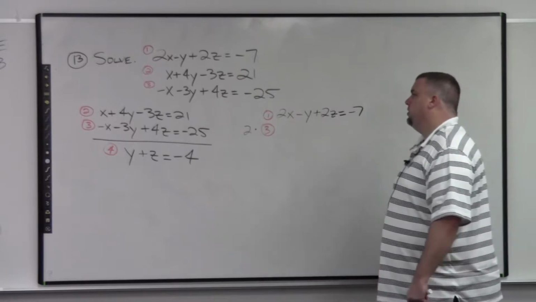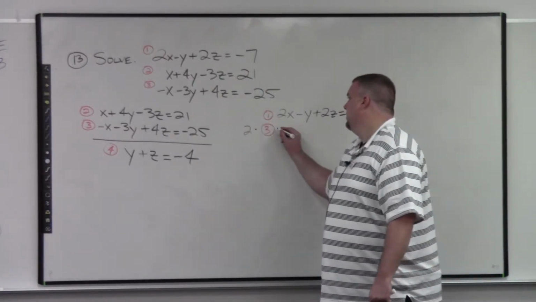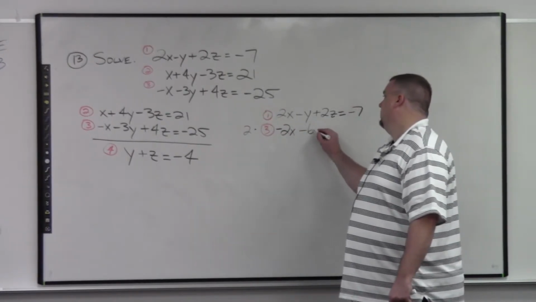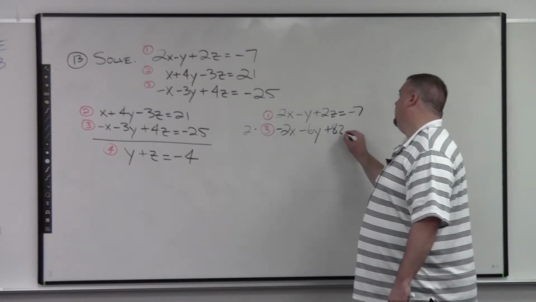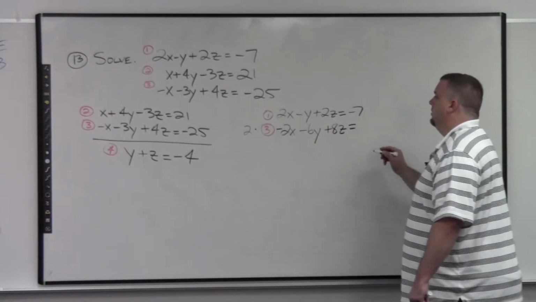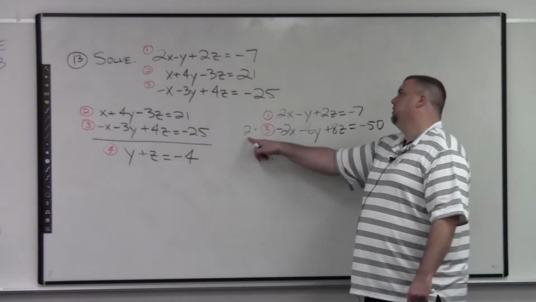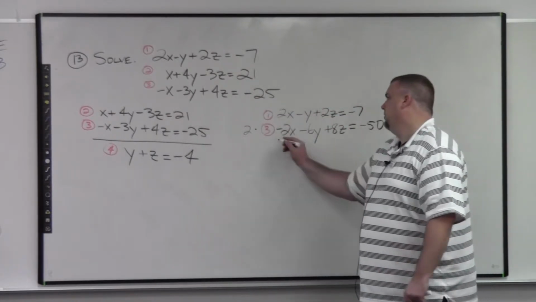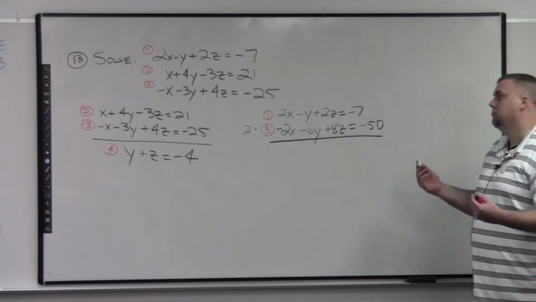If we multiply equation 3 by 2, what are we going to get? Negative 2x, negative 6y, plus 8z, equals negative 50. Once again, we're just taking 2 times equation 3. We're multiplying this whole equation by 2. If we add those two equations together, what's going to happen to the x's?